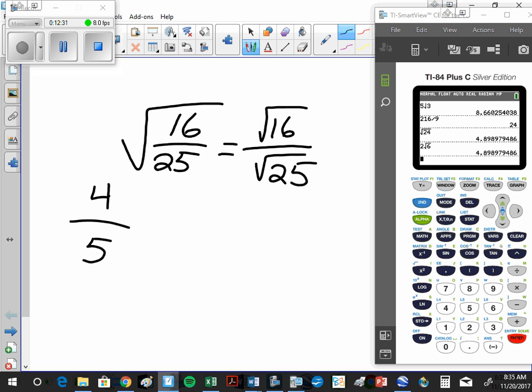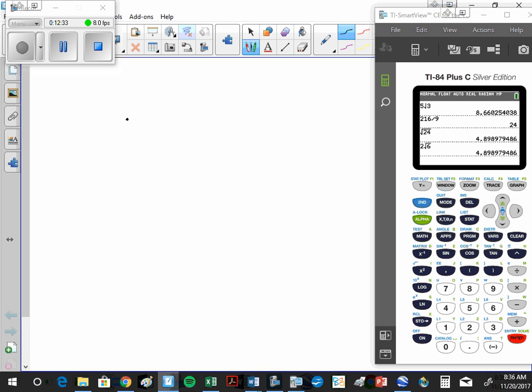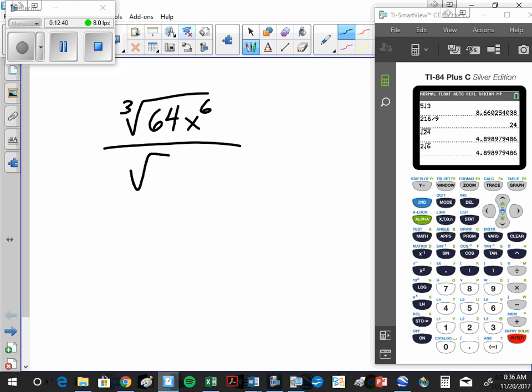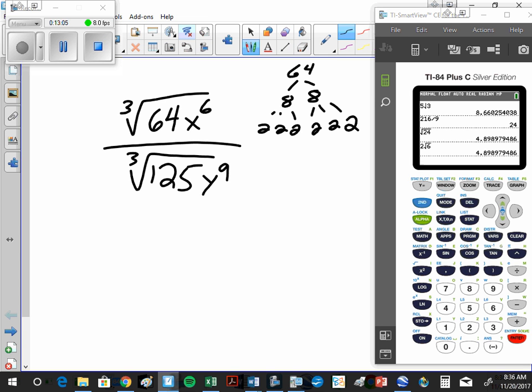Not much, though. So if we have the cubed root of 64x to the 6th over the cubed root of 125y to the 9th. On top, we get 8 and 8, 2, 2, 2, 2, 2, 2.